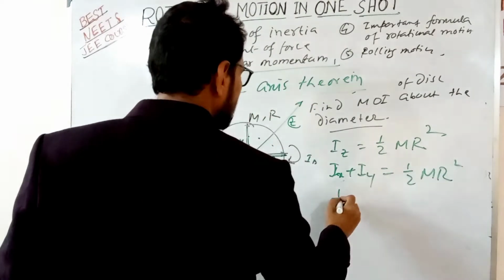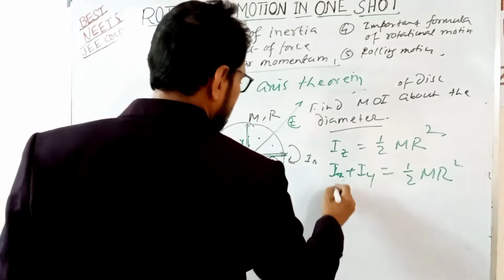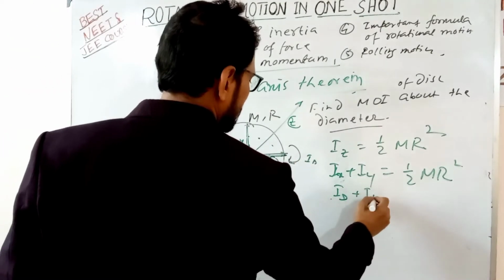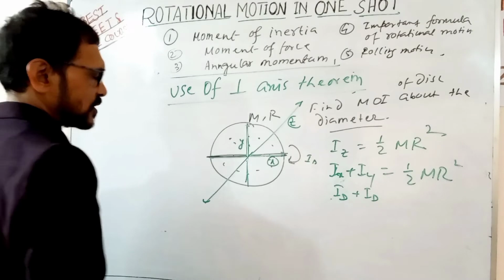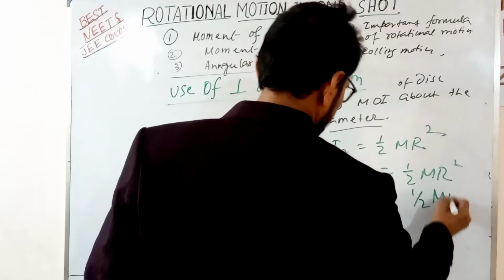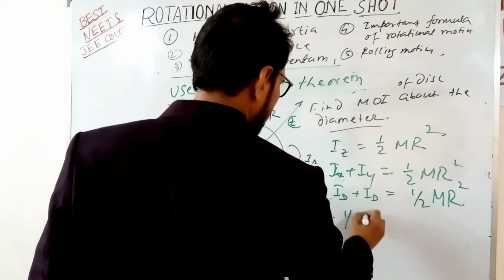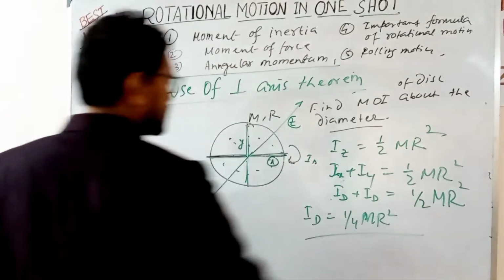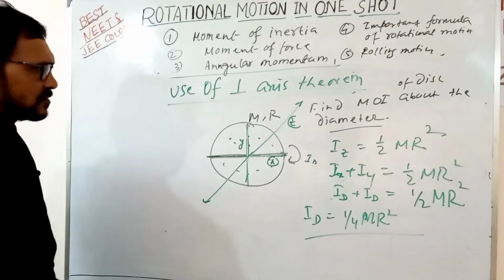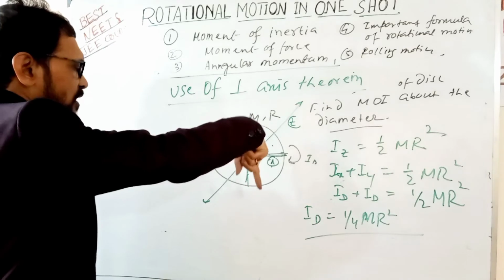Now I_x means I_D, the moment of inertia about a diameter. I_D plus I_D, both are diameters, so the moment of inertia will be the same. I_D plus I_D equals this, so I_D equals 1/4 m r square. So we know the moment of inertia about the z-axis, the axis which is normal to the plane.